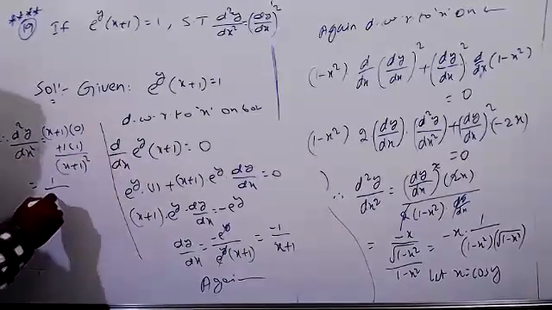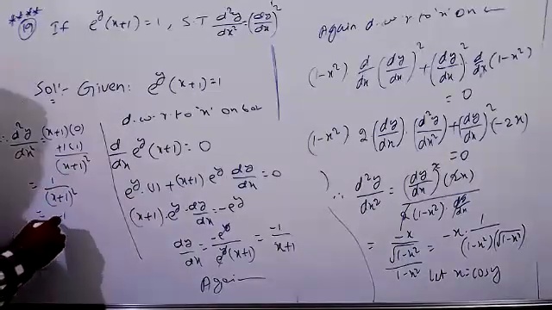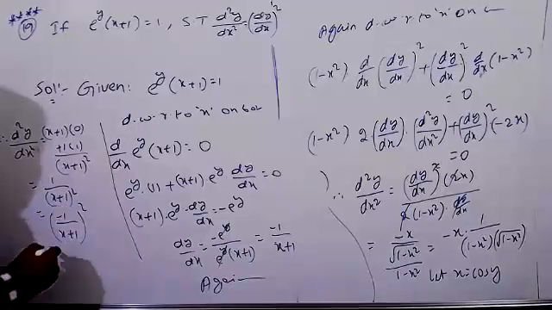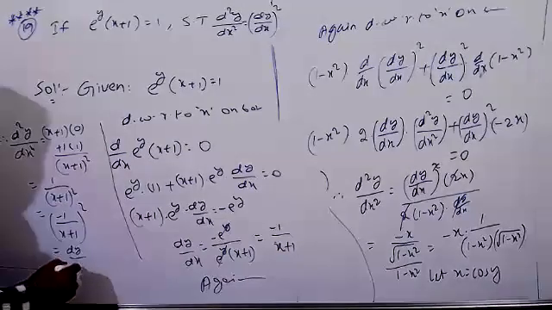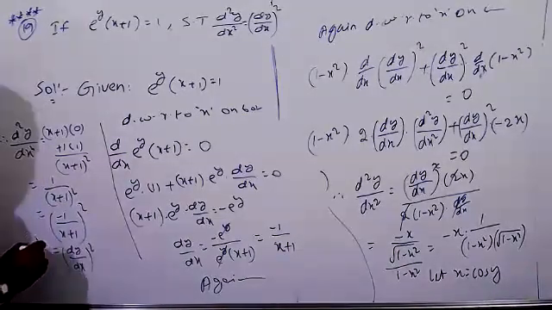So this is equal to 1 by x plus 1 whole square. The same thing you can also write as minus 1 by x plus 1 whole square, equal to dy by dx whole square. The value of d square y by dx square.